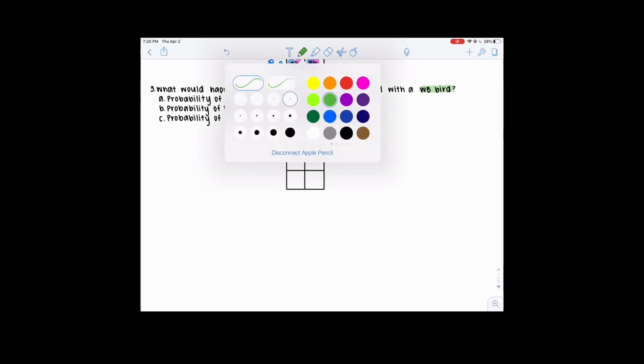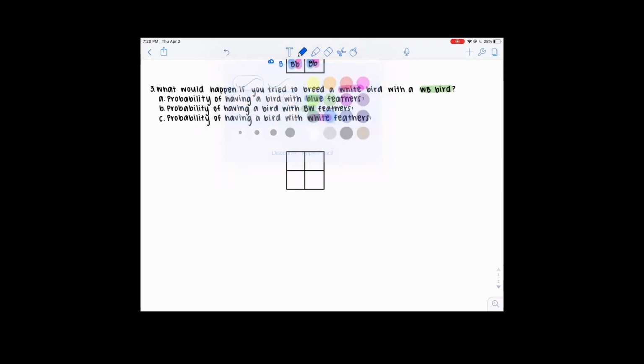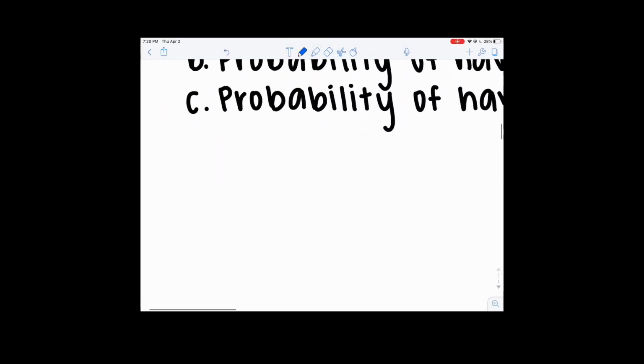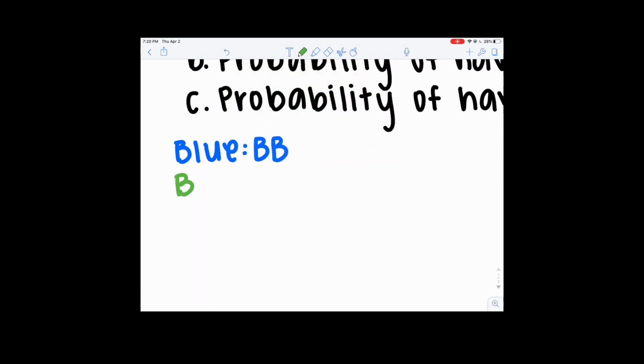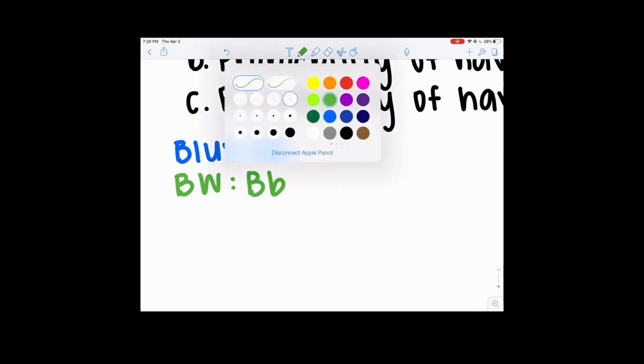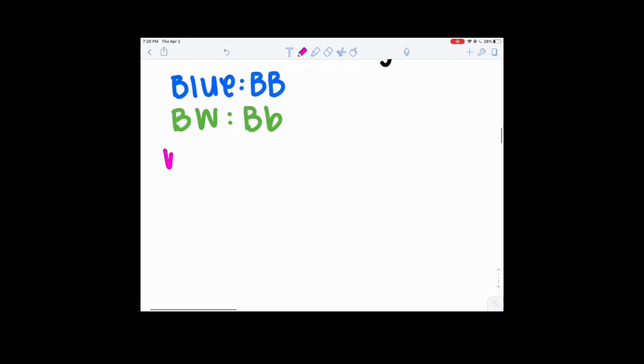Off to the side, I'm going to make a little key so that we remember what our genotypes are. For a bluebird, we have capital B. For a BW bird, we have capital B, lowercase b, and for a white bird, we have lowercase b.